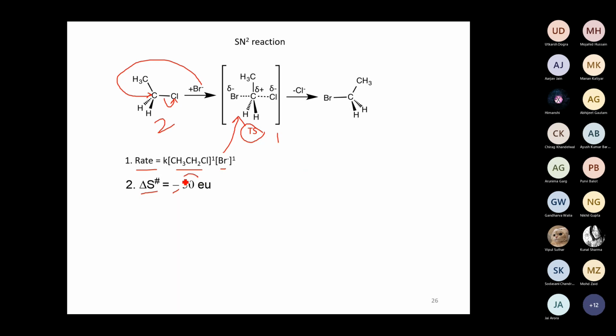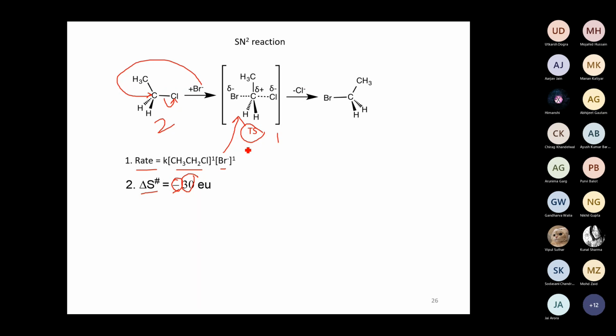You can see the value is about minus 30, a good negative number. That indicates that in the rate determining step, entropy is decreasing significantly from the starting material. That makes sense, right? Is it fine? Yes, sir.